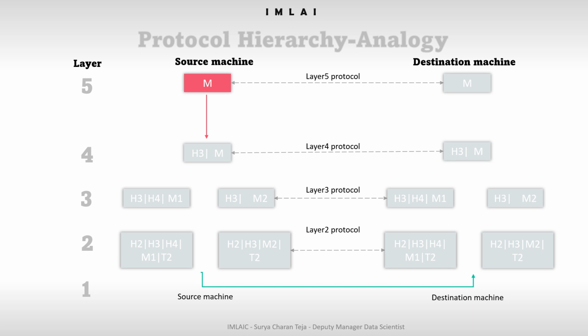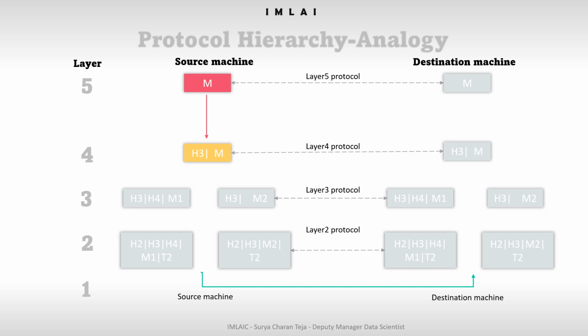Now layer 4 puts a header in front of the message to identify the message and passes the result to layer 3. The header includes control information such as addresses, to allow layer 4 on the destination machine to deliver the message.